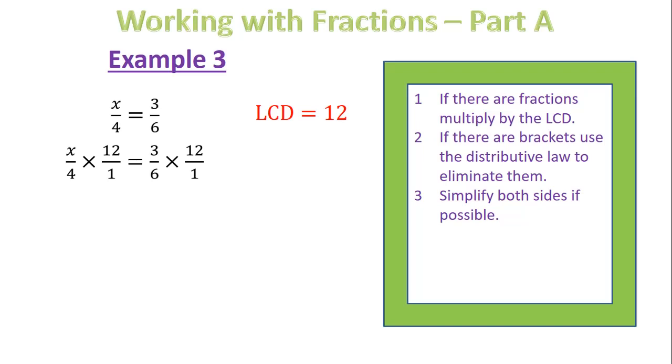Now we need to cancel or simplify. So I have x over 4 times 12 over 1. Let's have a look. 4 goes there 3 times and 4 goes there once. Is there anywhere else that I can simplify on the left-hand side? No, there isn't. That means that I have x times 3 in my numerator, which is 3x over 1 times 1. 3x over 1 is just 3x.